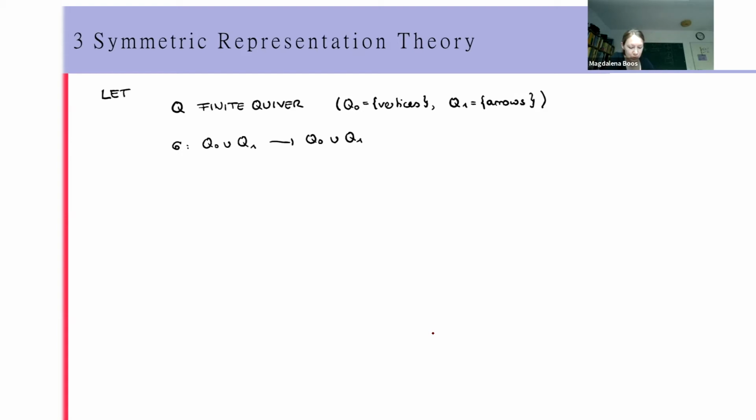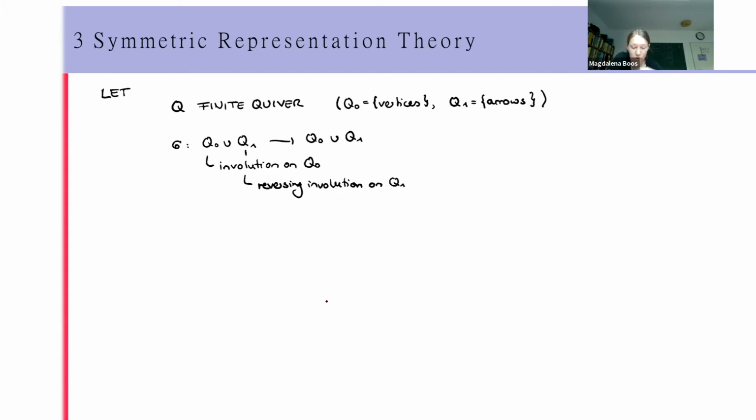On Q0, it's an involution, so it sends Q0 to itself involutively. And on Q1, it's also an involution, but it reverses the arrows. So it's an anti-involution, or arrow reversing involution.